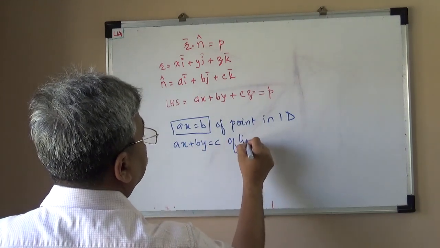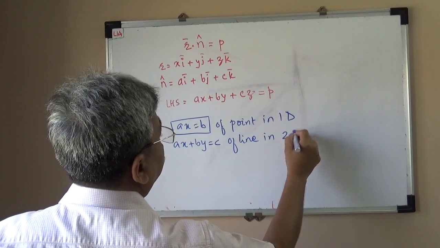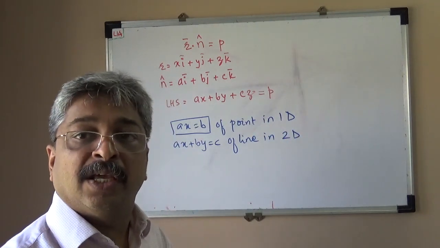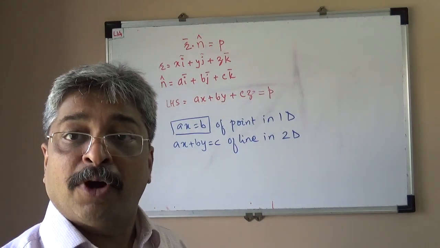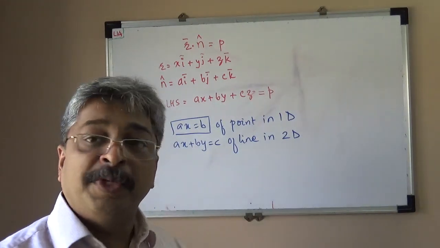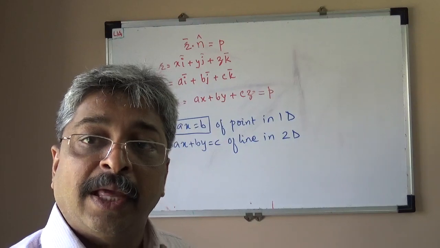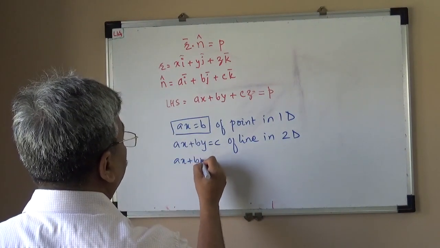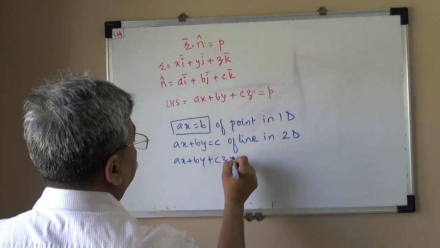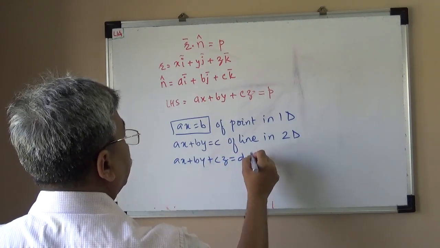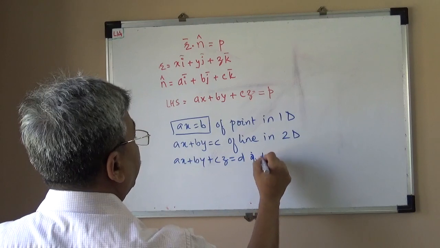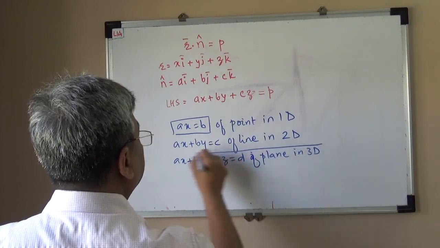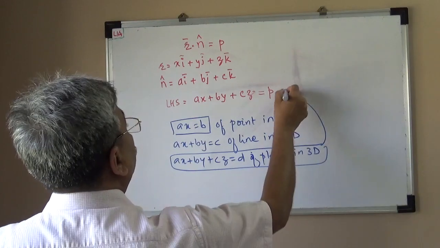And therefore, if we extend this, what would be the equation of a plane in a three dimensional system? We would have guessed ax plus by plus cz is equal to d, the equation of a plane in 3D, and it is exactly the same over here.